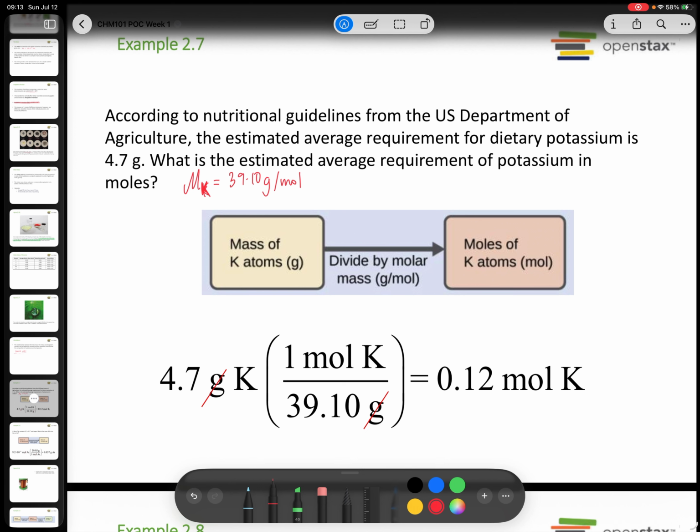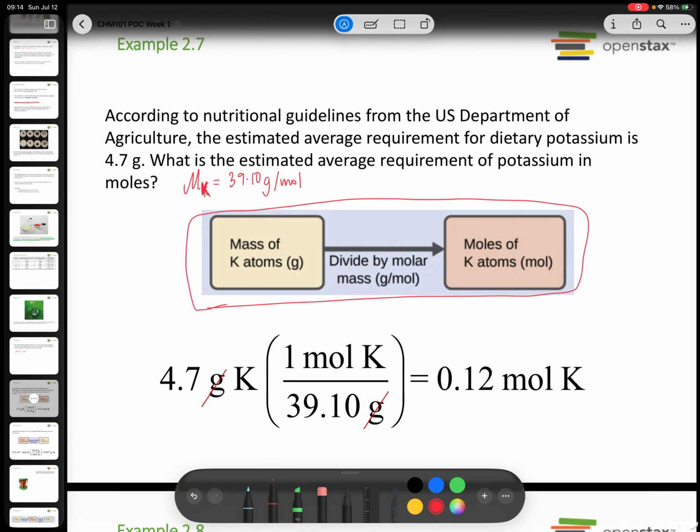Okay? Ganyan ko lang siya sinusulat. 39.10 grams per mole. So, to convert grams to mole, we divide it by the molar mass. Okay? Yung grams.